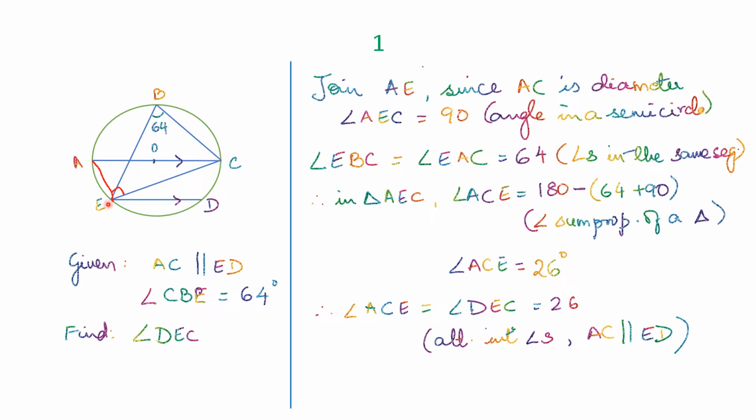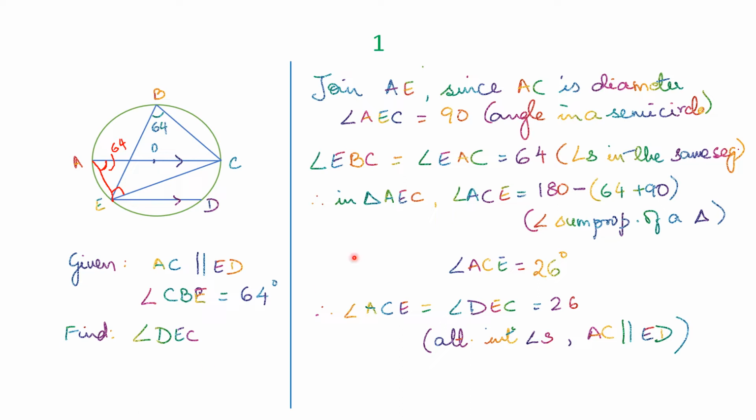What are the endpoints of angle EBC? E and C. Look for another angle whose endpoints are E and C. So you can see this angle EAC is also having the same endpoints E and C, which implies this angle is also going to be equal to 64.